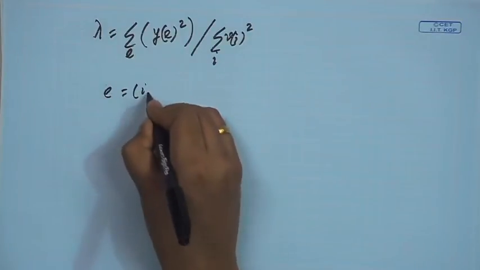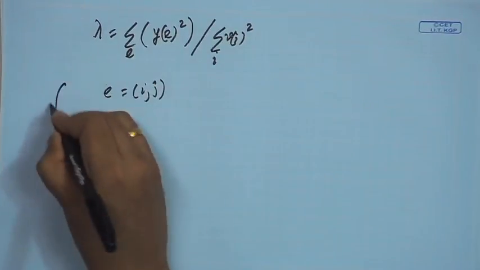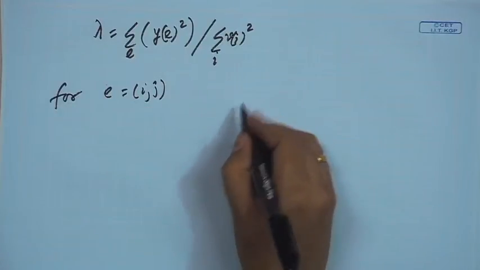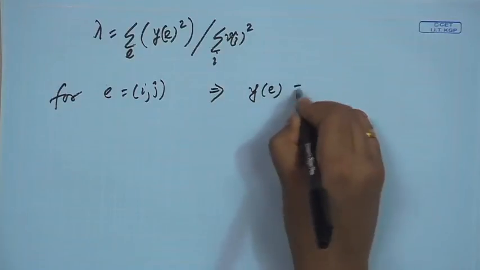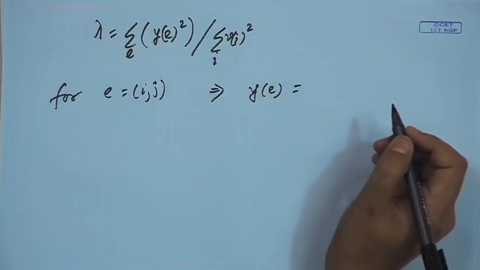this will give you nothing but the square of these values. Basically, if there is an edge Eij, for the edge Eij, we can easily see that Ye is nothing but, you have one entry for Vi and the other entry for Vj, right. So, you have one entry for the node i and the other entry for node j. What you are doing is multiplying the V vector with the incidence matrix.